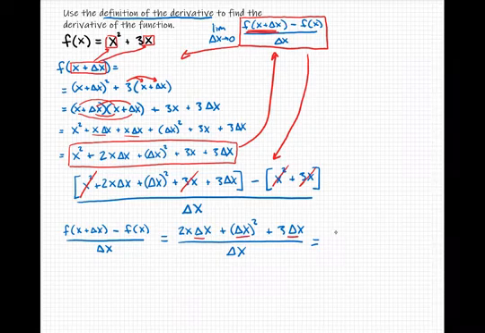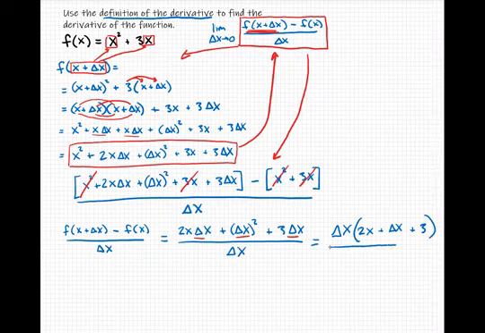We have a delta x times, well, what's left? In the first term, we have a 2x. In the second term, we factored out one of those delta x's, so we have another delta x, so plus delta x. And here we factored out the delta x, so we have a plus 3. And we still have a delta x on the bottom.